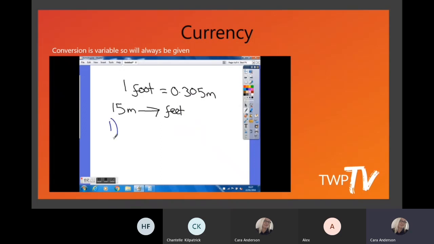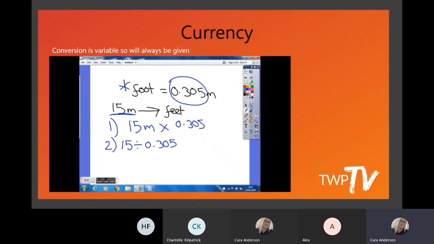So that first one, we always use the number that we're changing from first. So it'll be 15 meters times by 0.305. As I say, you can essentially ignore the 1 because it doesn't do anything to the number. We're going to use this side of the equation. So we can do 15 times 0.305, or we can do 15 divided by 0.305.